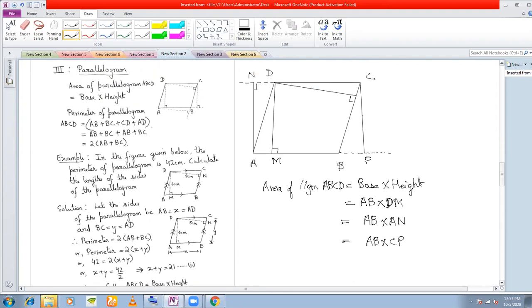Suppose you consider your base as BC. Your height can be DL, this height. Your height can be this one also, if you extend this side.